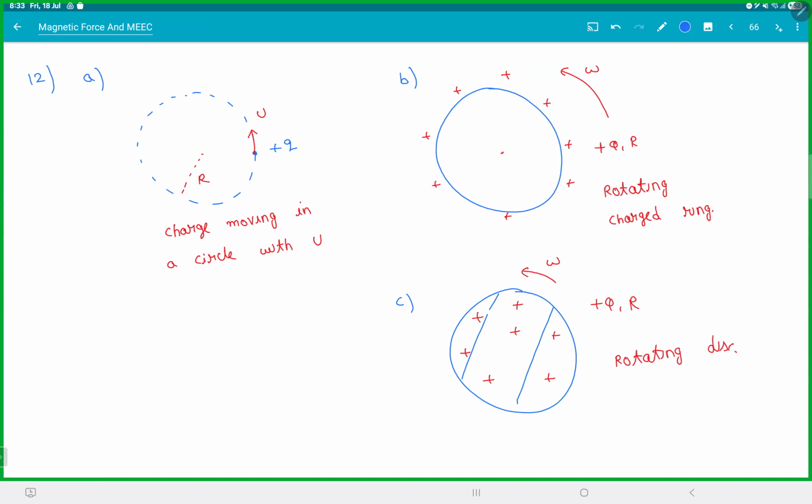So in current electricity, we studied, right? If a charged particle is going in a circle, it behaves like a current loop. And if you have a current loop, you have a magnetic moment.